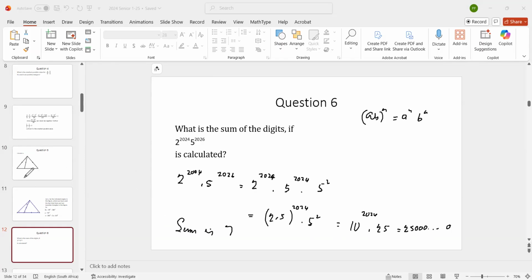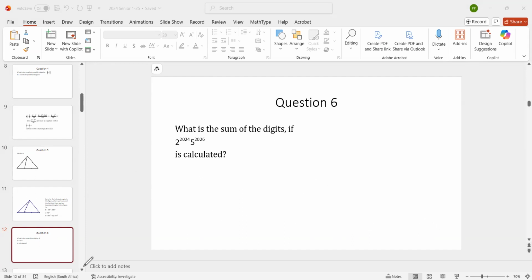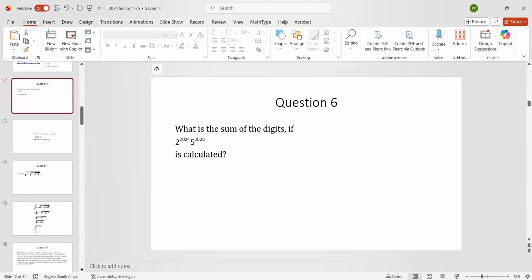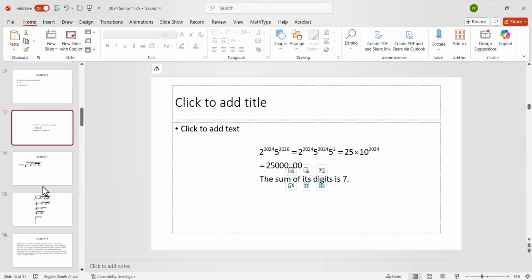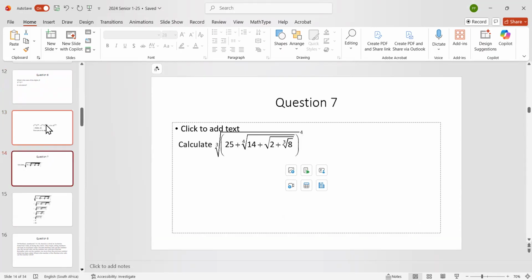Okay, so let's check to see whether we can go on to the next problem. Okay, you can see that the sum of the digits is indeed 7. We go on to question 7.